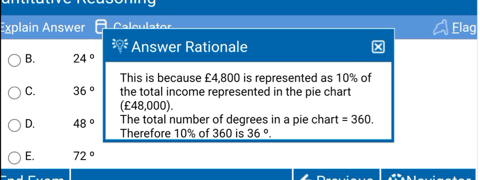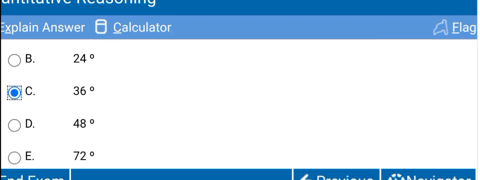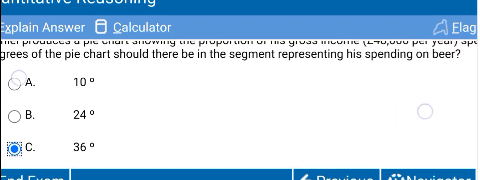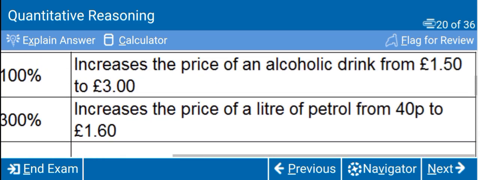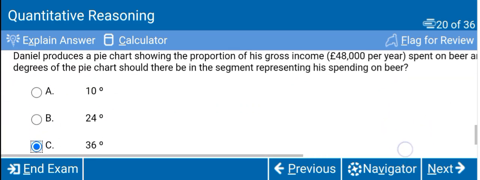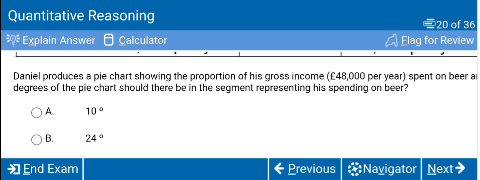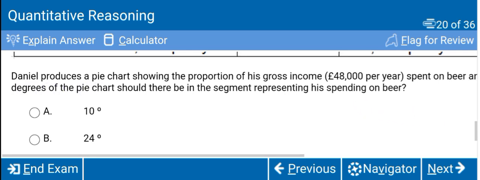Therefore, 10% of 360 is 36 degrees. That's how we have the correct option is C, which is 36 degrees. 36 degrees is the number of degrees of the pie chart that should be there in the segment representing his spending on beer.